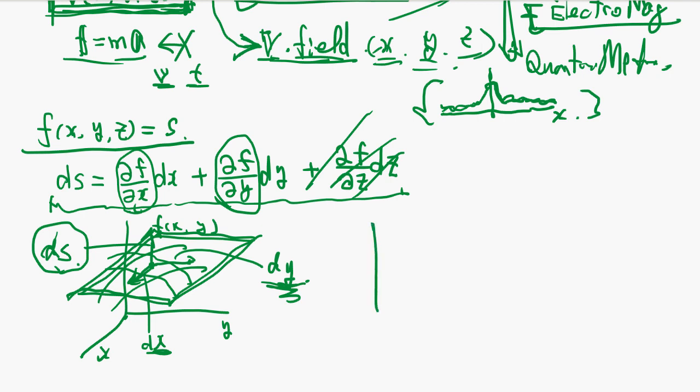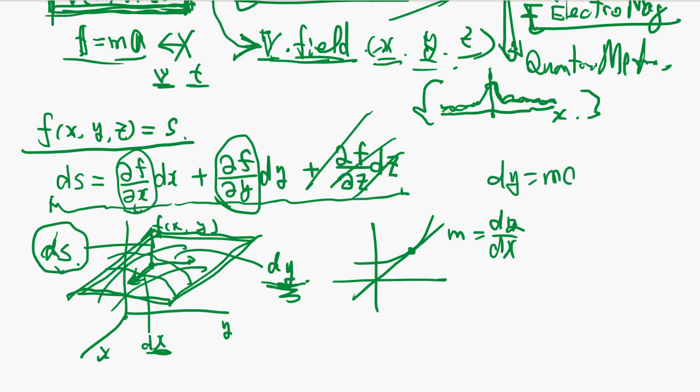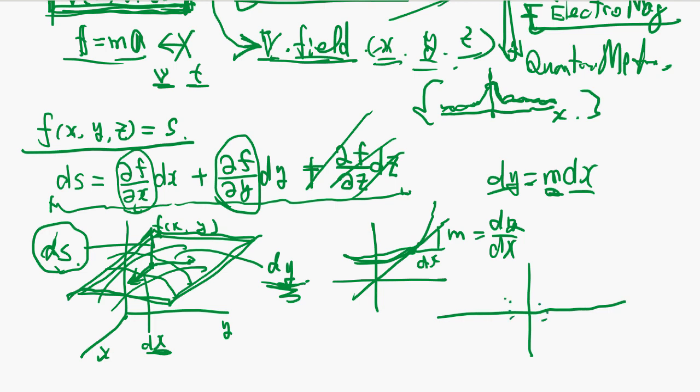It's the same idea as, say, you have this derivative, and this m is dy/dx, dy equals m dx, and on this curve, if you take any dx, you can get dy by multiplying by slope m, right? It's the same idea. So if you make it three-dimensional, you cannot draw it like this. You have to think of, say, a density distribution, right?